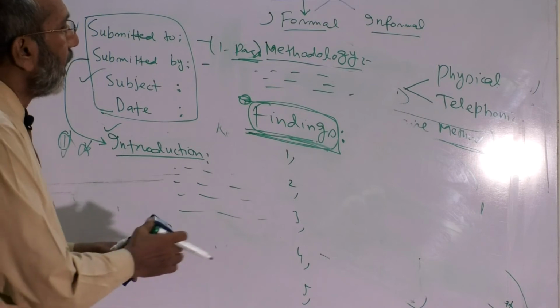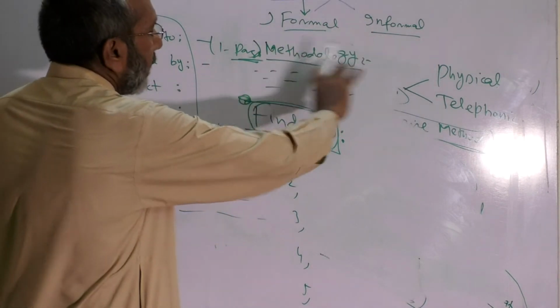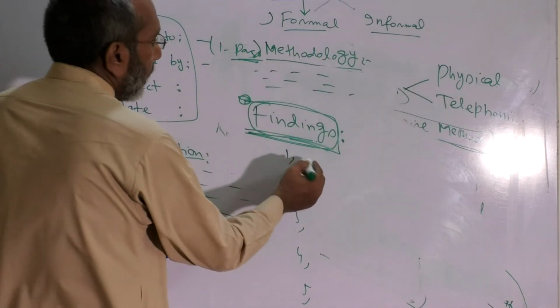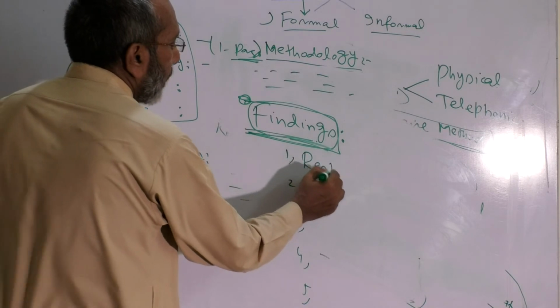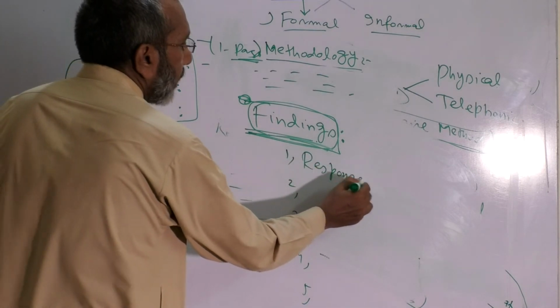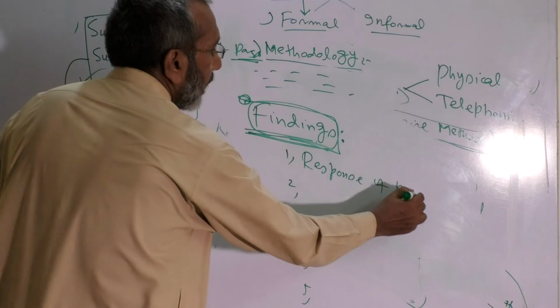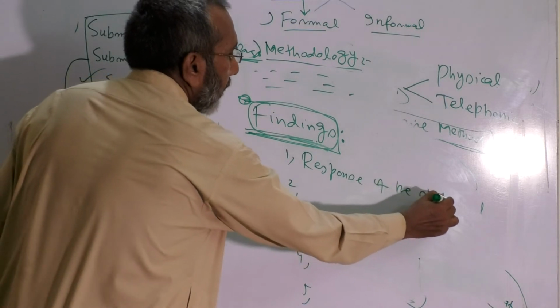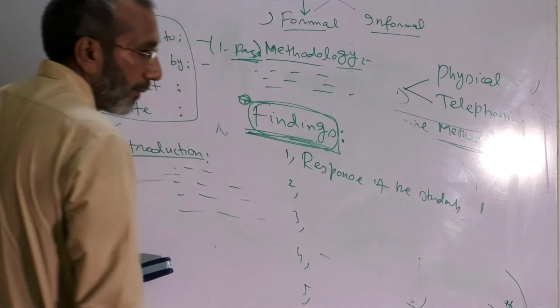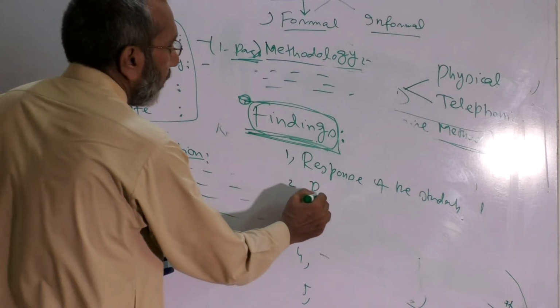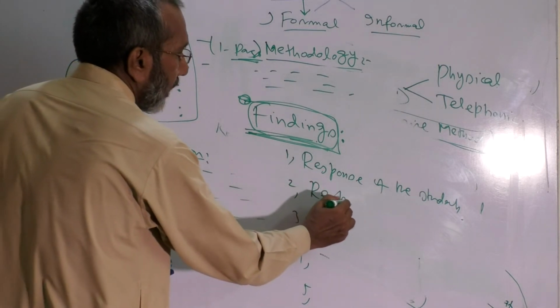Suppose you say we interviewed this and that, and the first finding can be the response of the students, heading number 1. What students say. Then the response of the management. These are different headings.